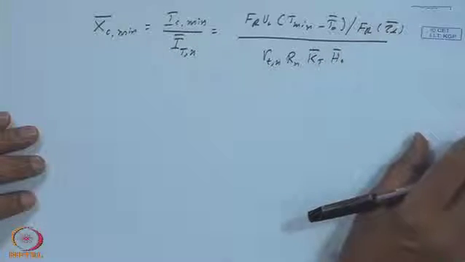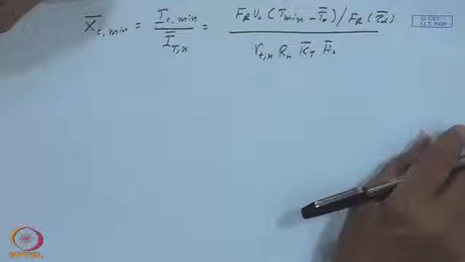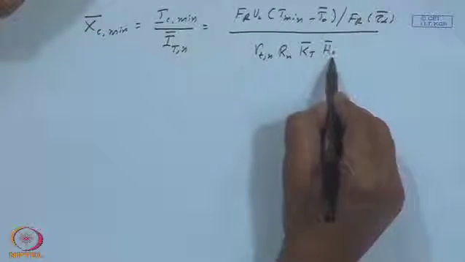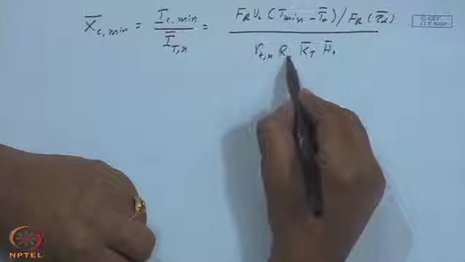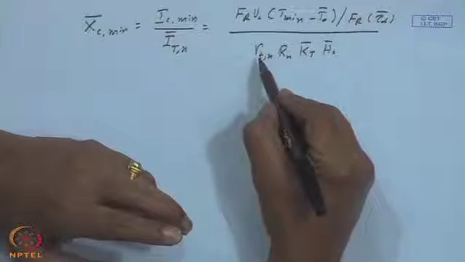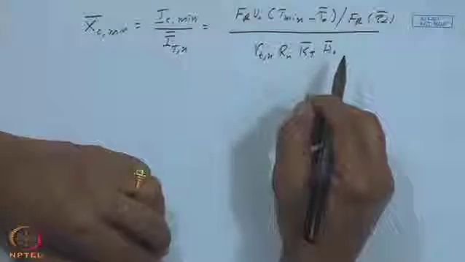I suppose you remember these symbols that we have discussed n number of times in the previous classes. And Kt bar is the monthly average clearness index, H0 bar is the monthly average daily extraterrestrial radiation, R is the tilt factor, and RT is I by H, the Collares-Pereira-Rabl form of expressing the hourly radiation as a ratio with respect to the daily radiation H bar.